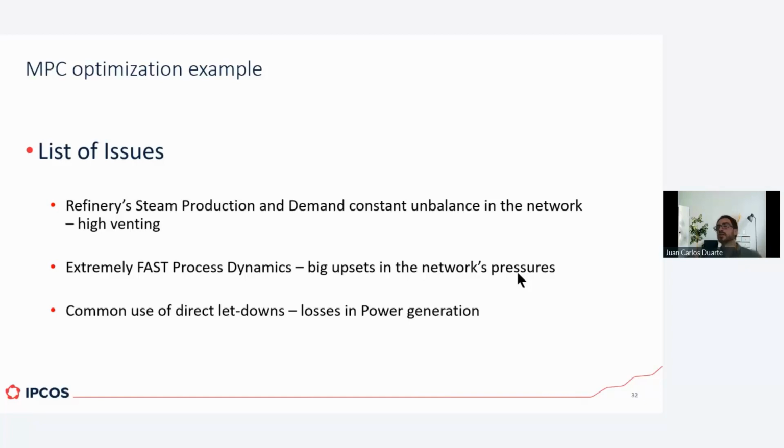If you let down steam through a valve, you gain a bit of steam production, but you lose in power generation. Depending on your prices, you might be interested in one or the other, but typically power generation wins over generating a little bit more steam through desuperheatings in letdowns.